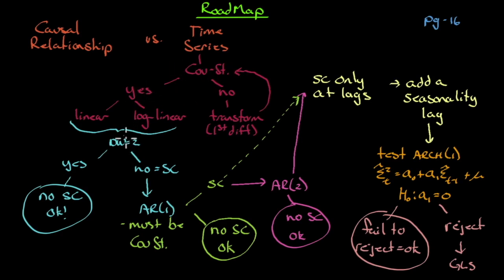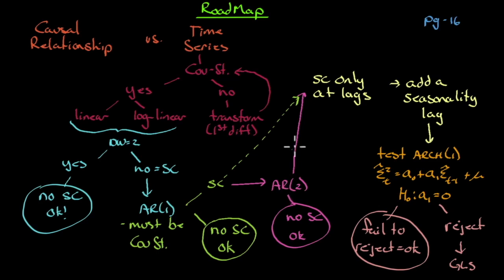Typically, you'll head down this pathway, more than likely you'll end up down here, you'll have an AR1, which again must be covariance stationary. You'll run it. Serial correlation, no serial correlation. If you have no serial correlation, you're good to go. Serial correlation, you have 2 choices. Move on to an AR2, depending on the significance of the errors.